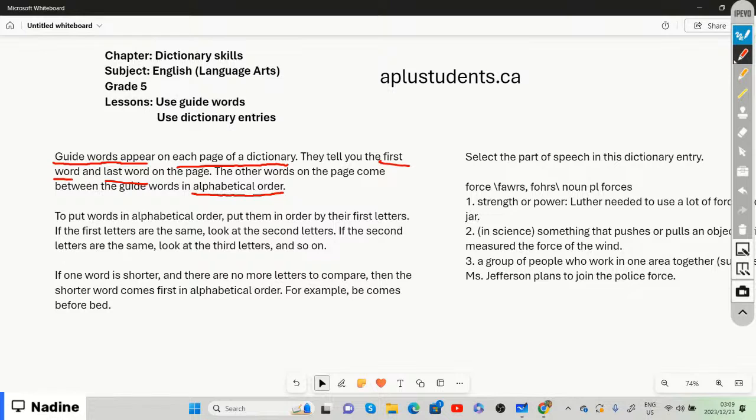In order for the words to be in alphabetical order, they're put in order by the first letters.